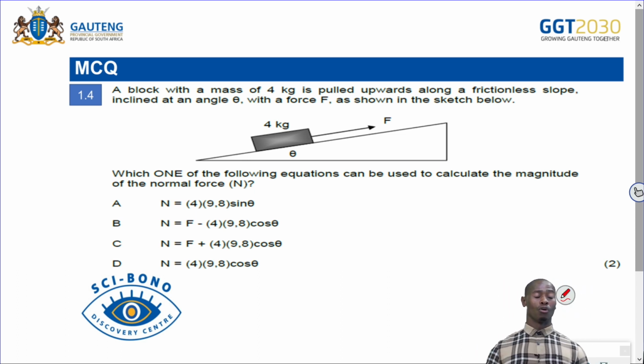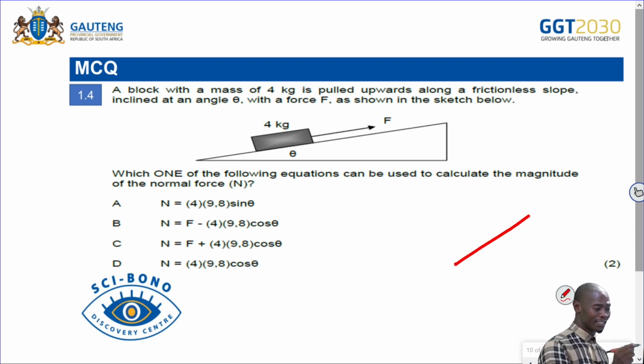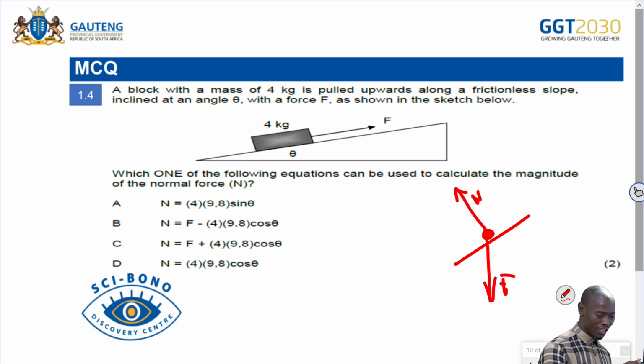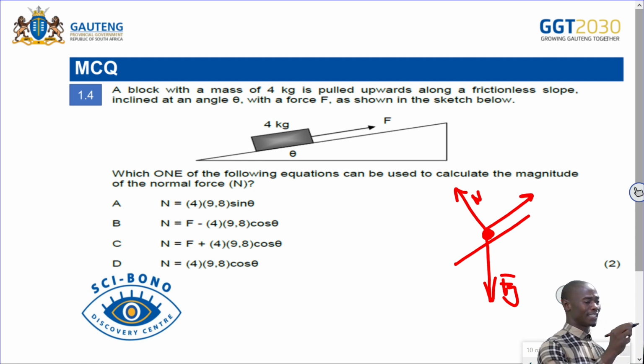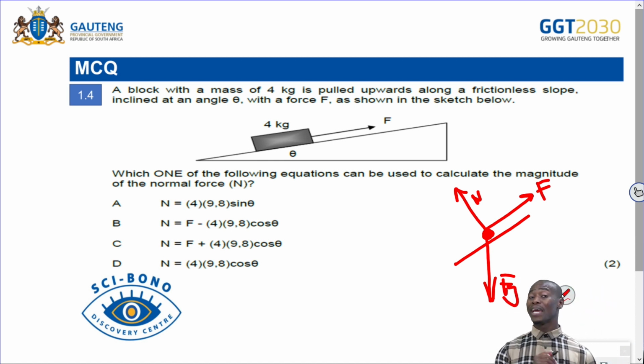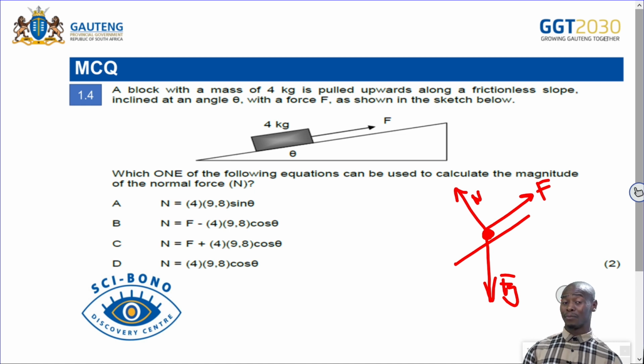So first thing that we need to do here, we can draw a free body diagram. This is our incline. You have your normal force, and then there's your Fg. There's a force that is applied, and then there's no friction. Then we can resolve weight or Fg into its components. Why are we doing that? Because weight in this case is not acting perpendicular.